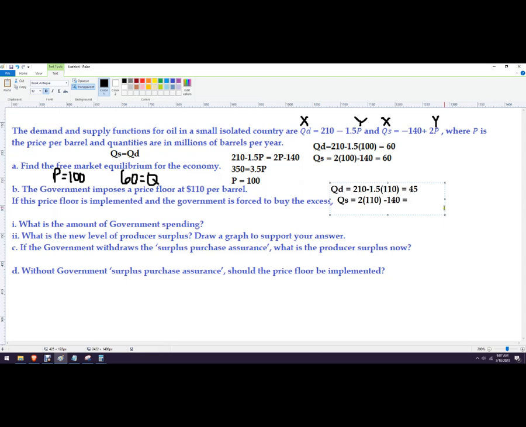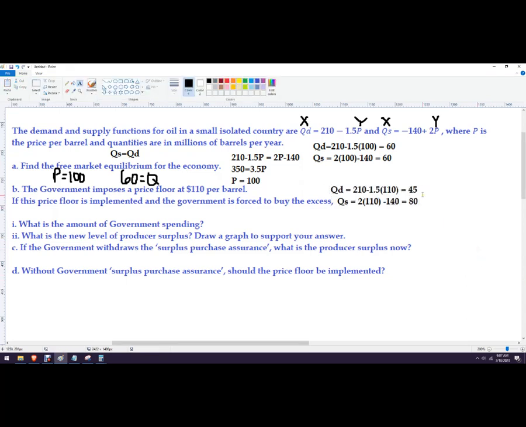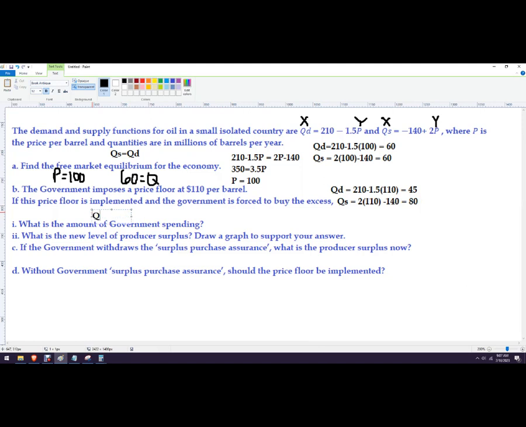And this one is 220 minus 140, so that's 80. So the buyers will buy 45, the sellers will want to sell 80. So the excess supply, or the excess quantity, I could just call that surplus, is going to be 35 additional barrels of oil.